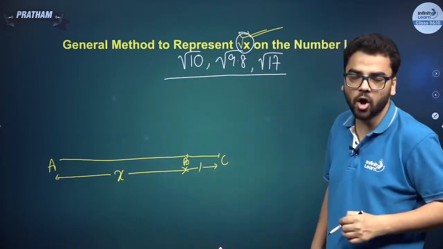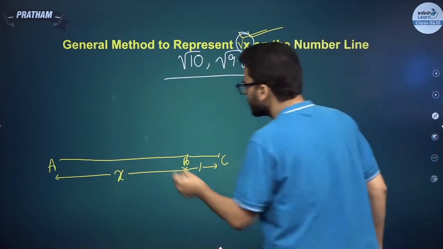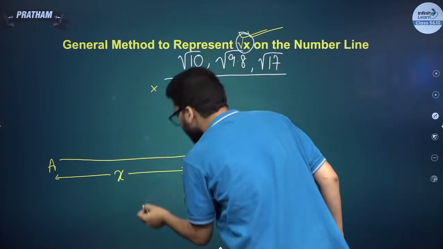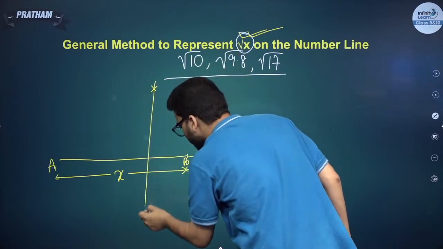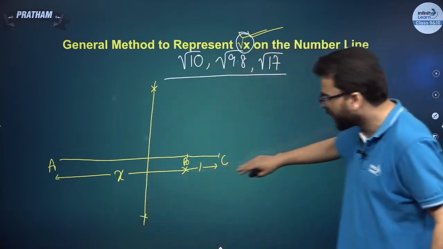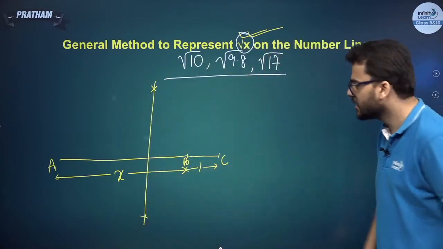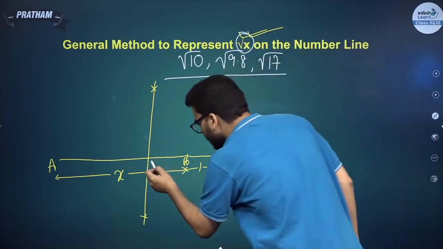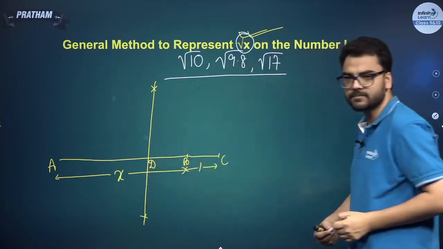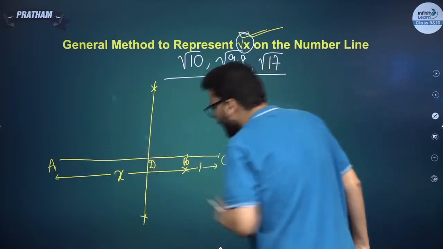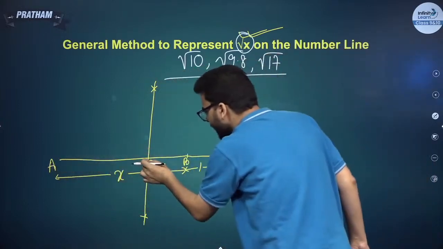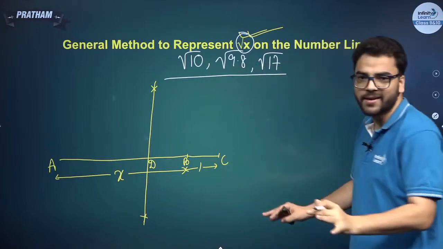I hope you remember how to make perpendicular bisector. So perpendicular bisector of AC will be somewhat like this. Guys, obviously this is not perfect because I'm just making a rough figure. So you have to make the perpendicular bisector of AC. Suppose its midpoint is anything, suppose D. Okay? Something like this. Now you can take D as the center and AD as the radius or DC as the radius. They both are equal only.